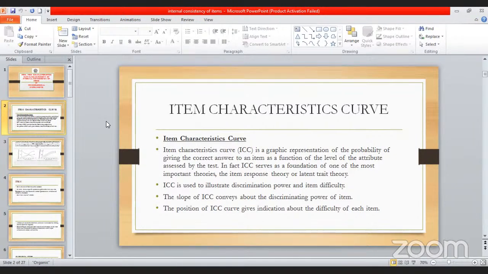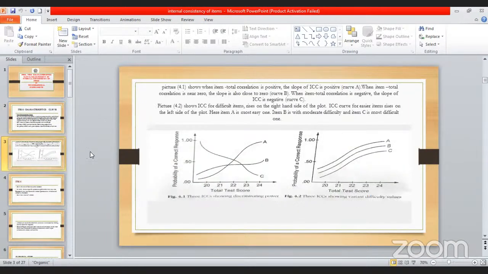So ICC is used to illustrate the discrimination power and item difficulty. The slope of the ICC conveys the discriminating power of the item, and the position of the ICC curve gives an indication about the difficulty of each item. You can see here there are two pictures.